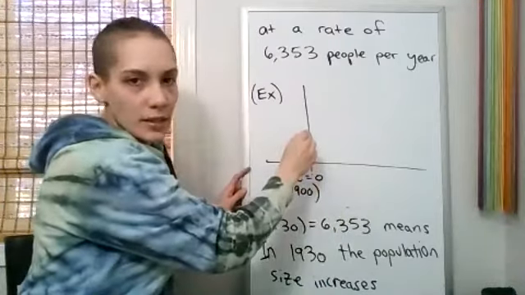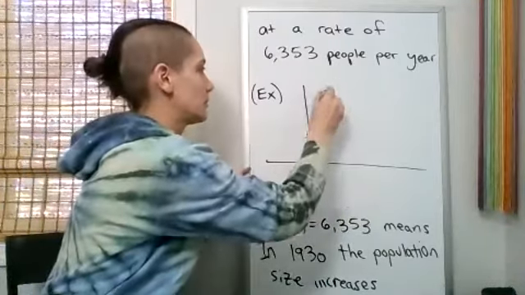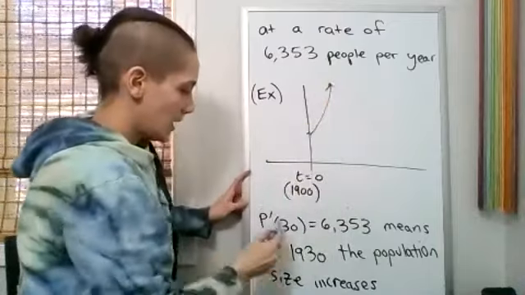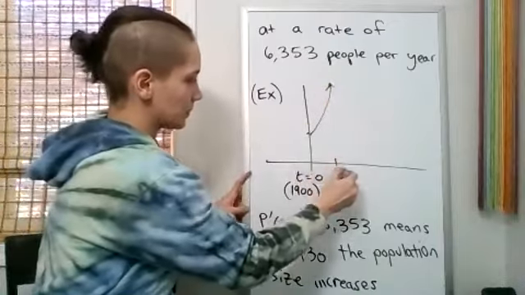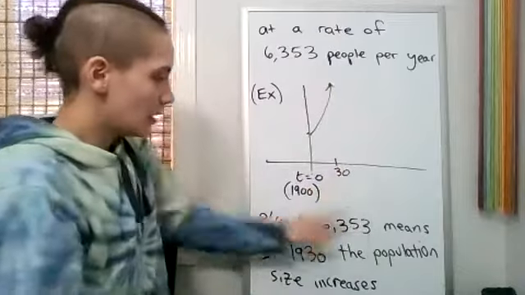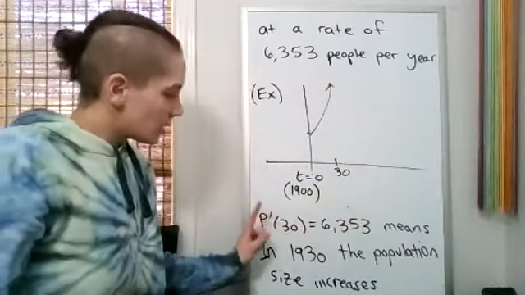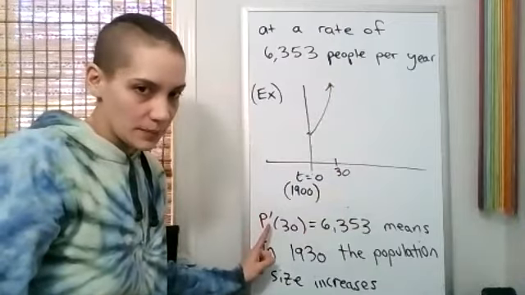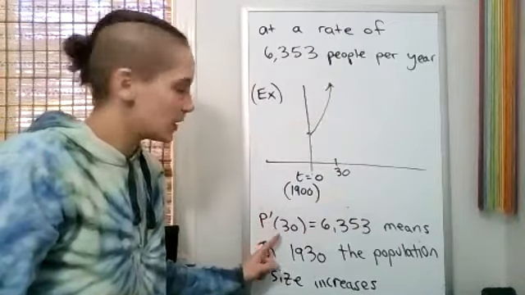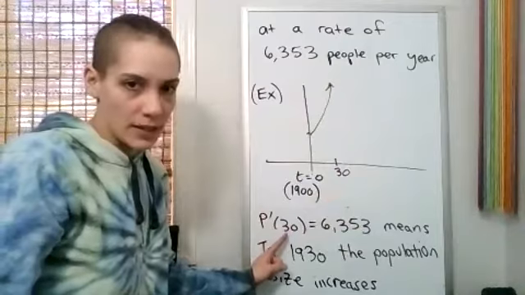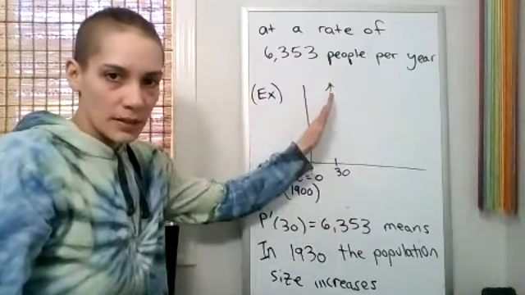And let's say we just start to grow exponentially. And over at 30, we find the derivative, or the slope of the tangent line. That is the derivative, the slope of the tangent line at 30. So some tangent line right about there.